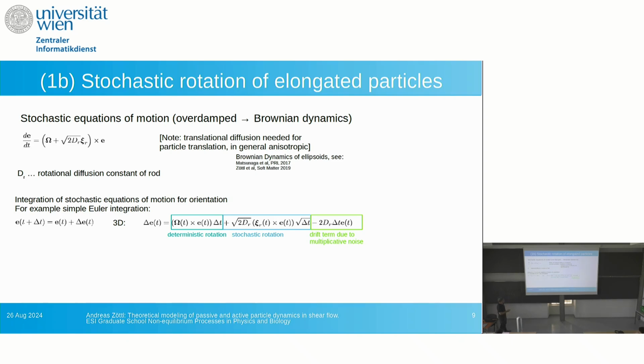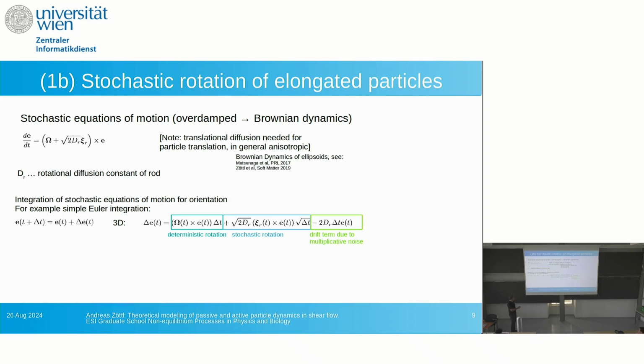And then maybe many of you know how you integrate the stochastic term. I will not go into the details. I still want to talk about active particles. The thing is, if you integrate it, it depends now on the square root of delta t. You get a factor square root of delta t, and this considers the stochastic rotation, because you have to integrate over a stochastic process.